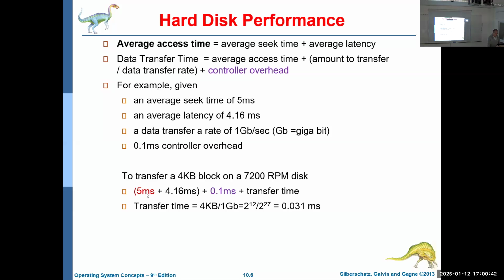What do we get? 5 milliseconds, where's that from? That's the seek time, plus the controller overhead. The average access time is these two together, 5 + 4, plus 0.1 for the controller overhead. So 5 + 4 + 0.1.